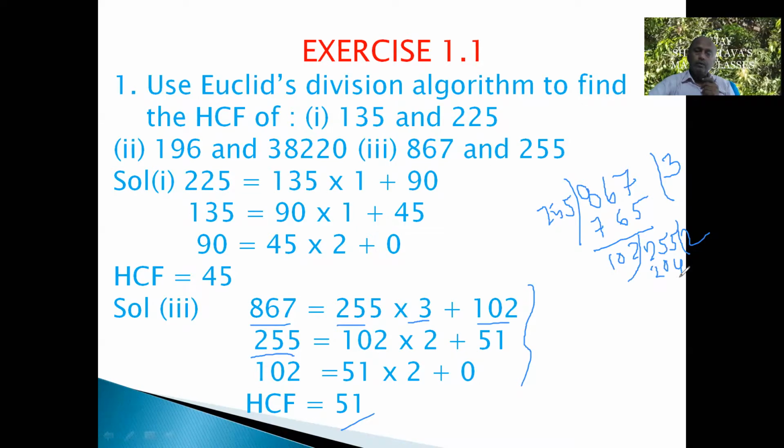Now 5 minus 4, 1 and 5 minus 5, 0, so 51. So 255 can be written as 102 into 2 plus 51 remainder.